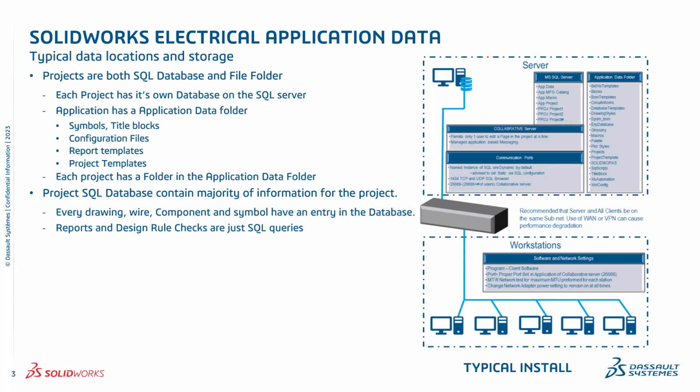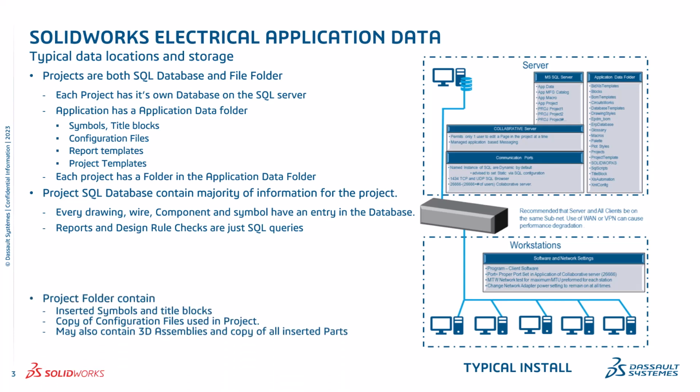Now, the project SQL database contains the majority of the information for the project. Every project, every drawing, wire, component, and symbol has an entity inside of that SQL database. The reports and design rules checks are just SQL queries pulling information from that SQL database.